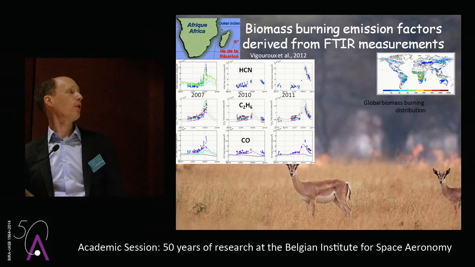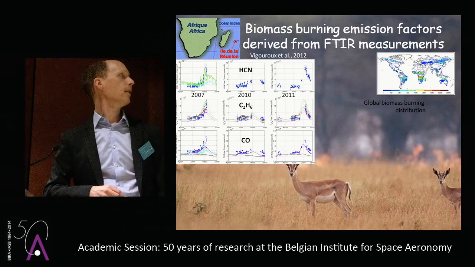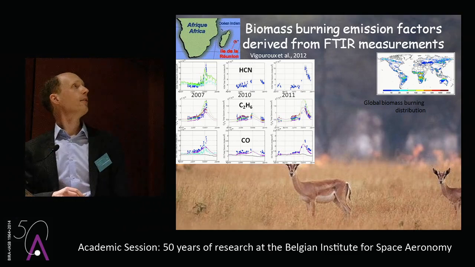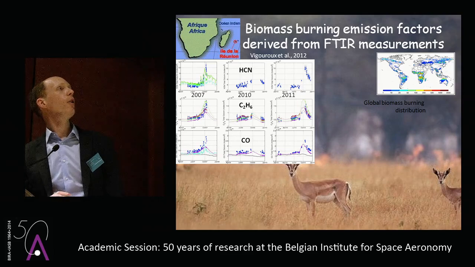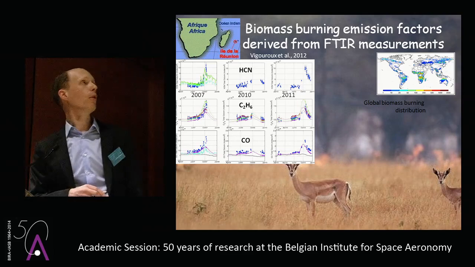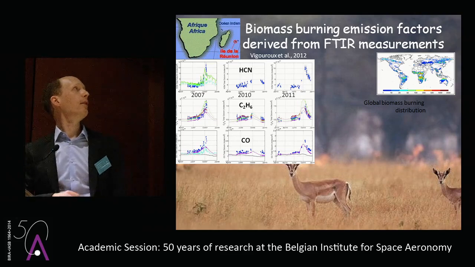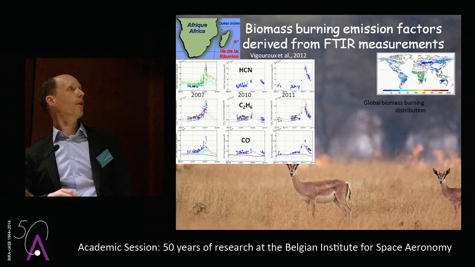Those are different years, 2007, 10, and 11. And every year you see for all compounds a maximum around the month of September or October, and this is due to biomass burning over Africa.